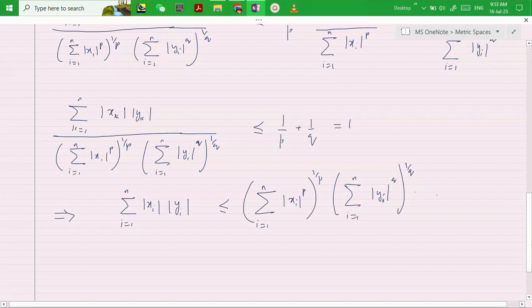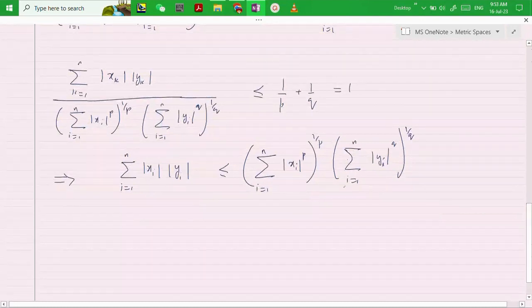So what we did, we just replace the indices, we replace k by i, and we can replace it, it doesn't matter, because this is the sum from k equals 1 to n. So we replace the indices, we might have i from 1 to n.